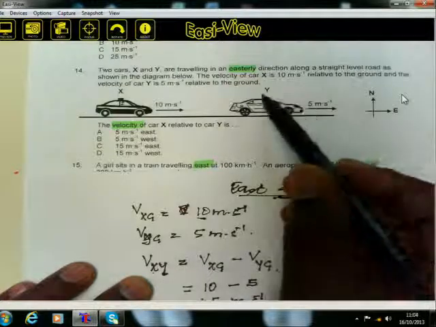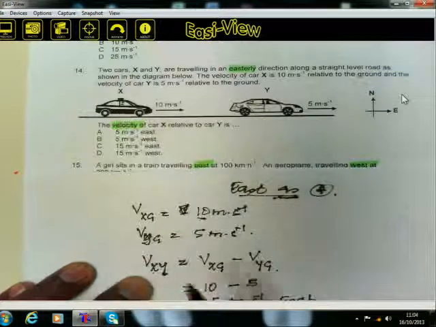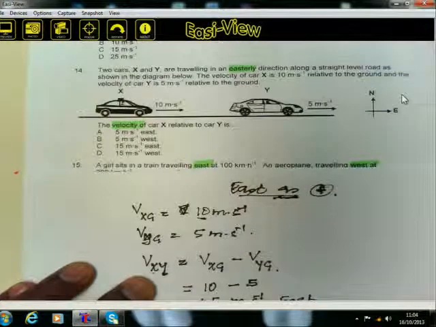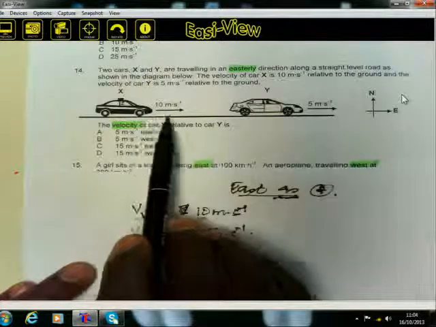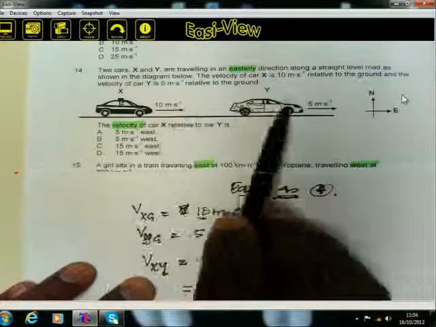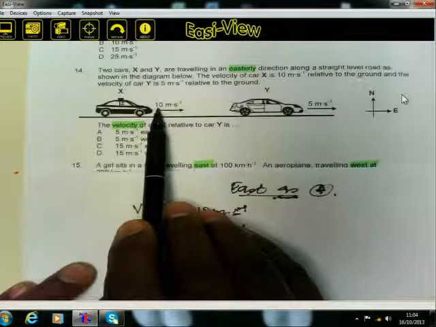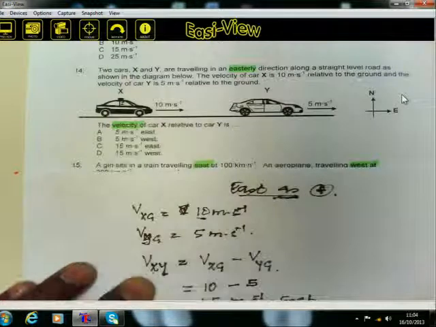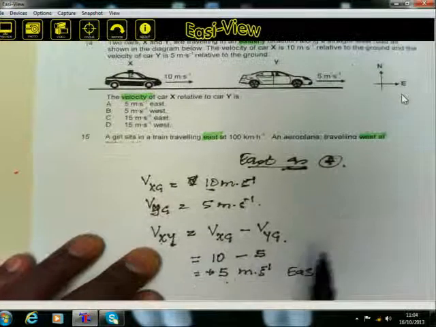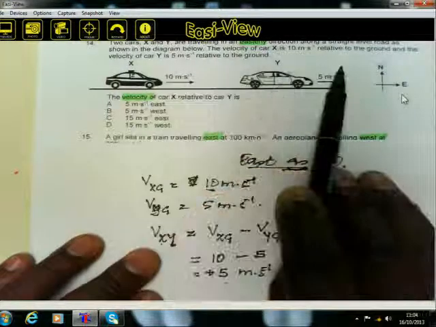So the person in this car sees x moving at 5 meters per second in the direction east. It makes sense because the velocity of x is higher than the velocity of y, so x is approaching y. Our answer here is positive, indicating that y sees x as approaching.